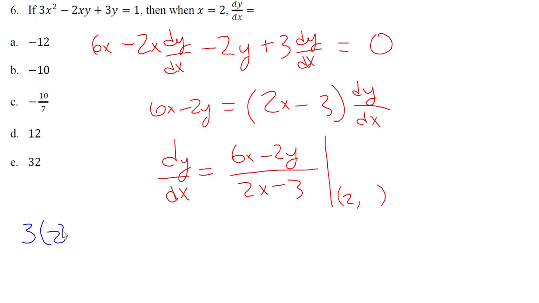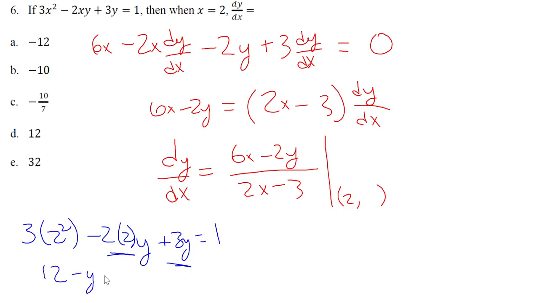So 3 times 2 squared minus 2 times 2 times y plus 3y is equal to 1. Well, 3 times 2 squared would be 12. Then we have minus 4y plus 3y. Well, that's just going to be minus y is equal to 1. And I think we can see that that ought to give us y is equal to 11.